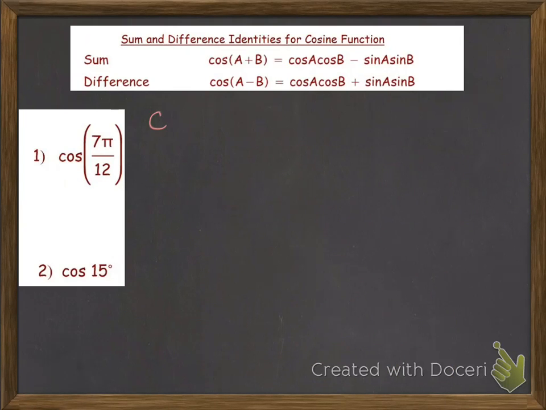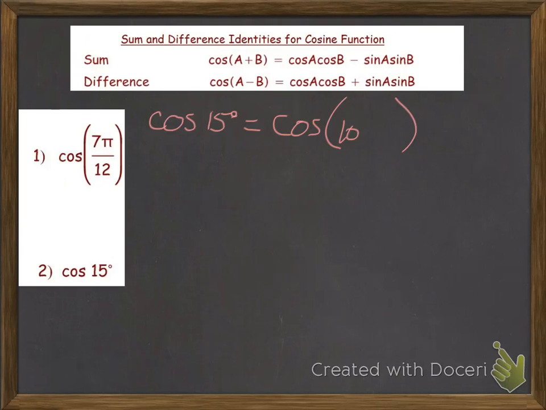And so when I have the cosine of 15 degrees, I'm going to do the same thing. I'm going to think of 2 degrees that add or subtract to be 15, but I can't use 10 and 5 because I don't know what the cosine of 10 is or the sine of 10.